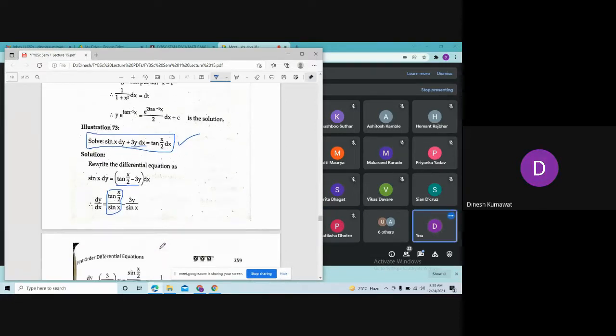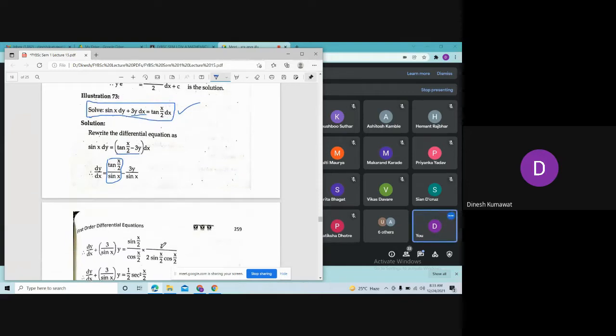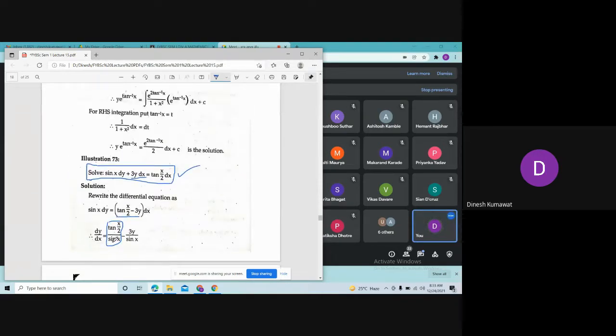Okay, so if you want to simplify it a bit further, then you can apply the rules of trigonometry. That is, how can I write tan x in terms of sin x and cos x? Sir, sin x by 2 divided by cos x by 2.